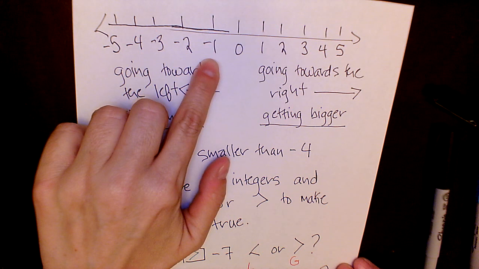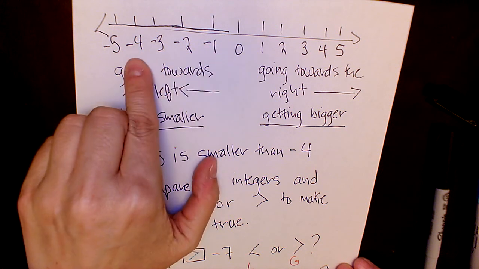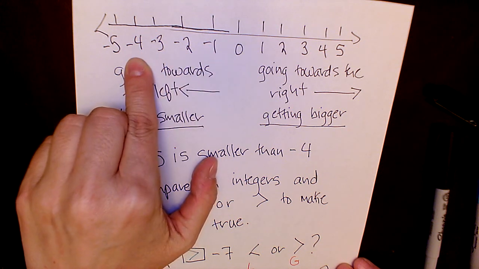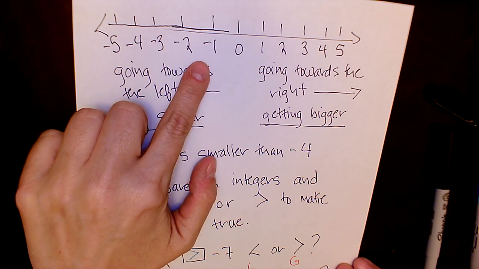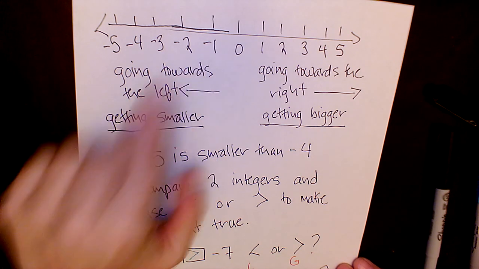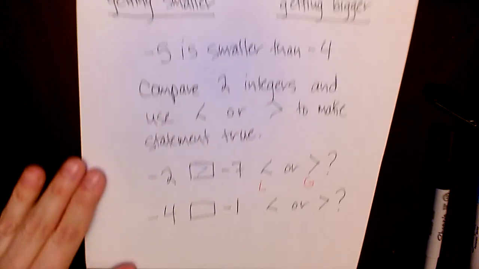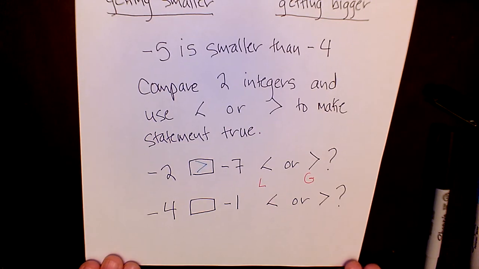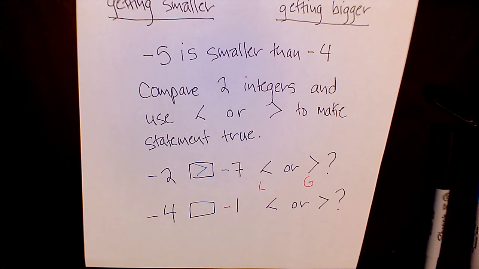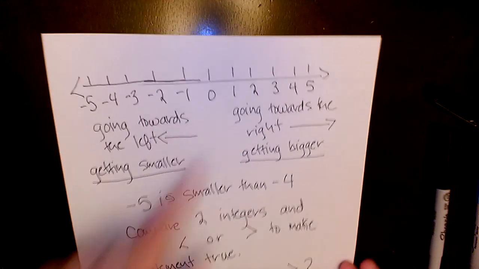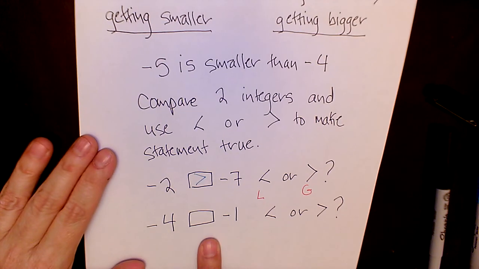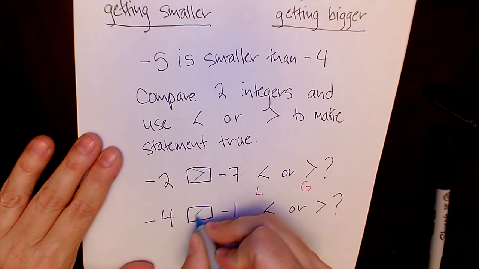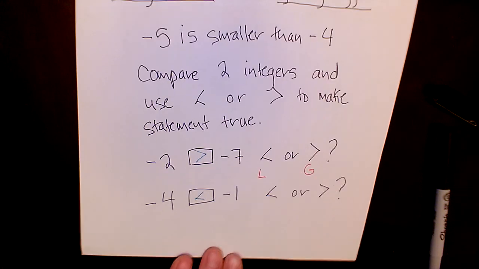So negative 1 is here, that's closer to 0. And negative 4 is here, it's further away from 0. So what would you say? Is negative 1 less than negative 4 or greater than negative 4? So I would say negative 4, since it's moving away from 0 and negative 1 is closer, negative 4 is less than negative 1.